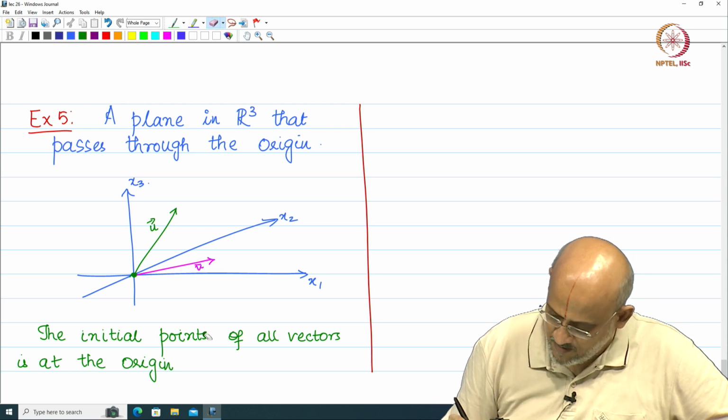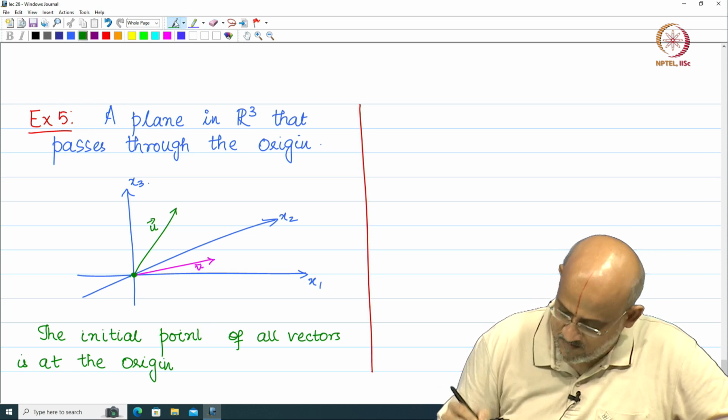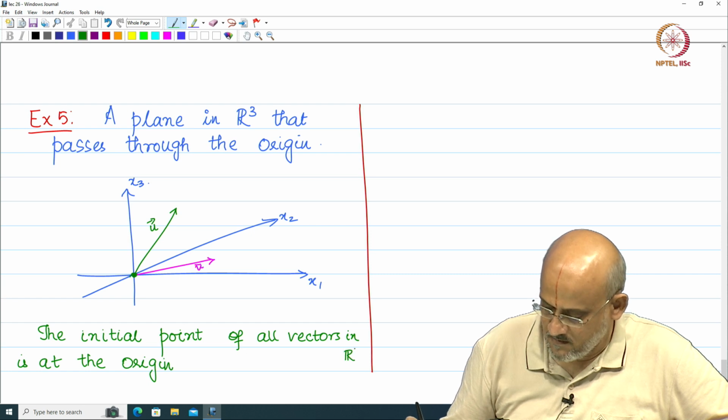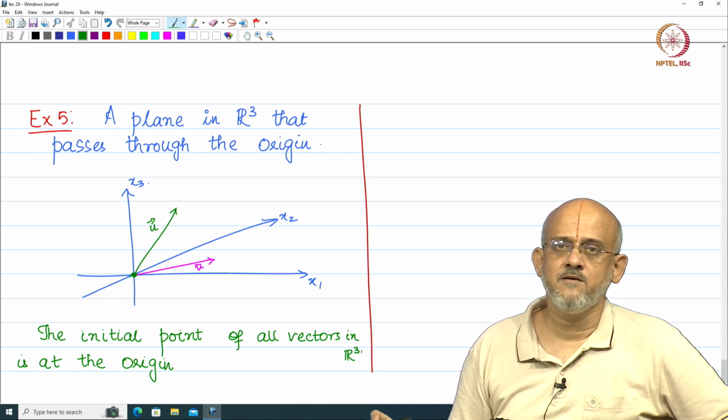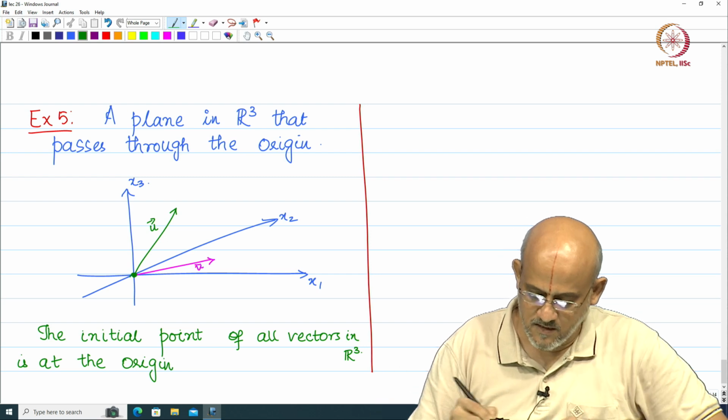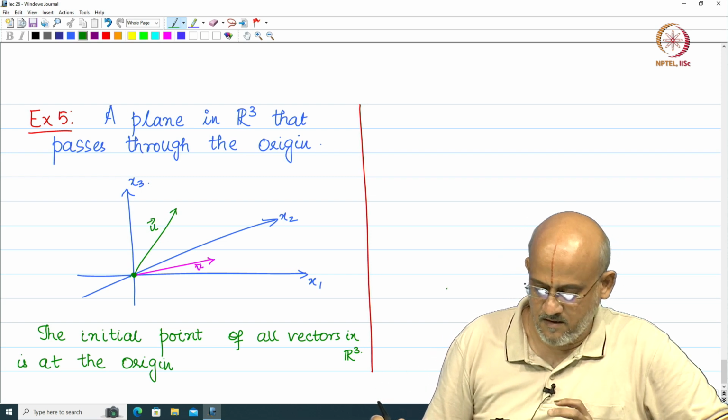The initial point of all vectors in R3. R3 is basically your 3-dimensional space that we are going to look at. So, we want to see whether this is going to be a vector space or not.